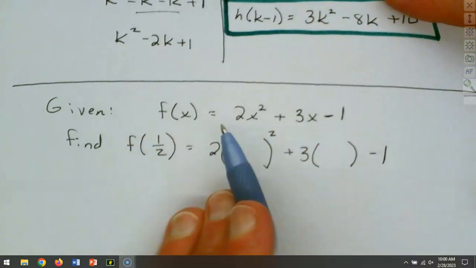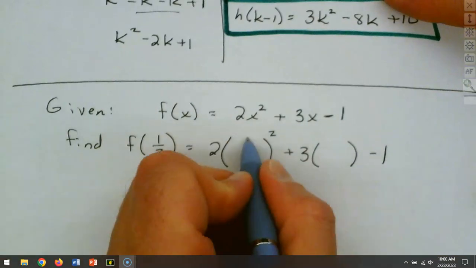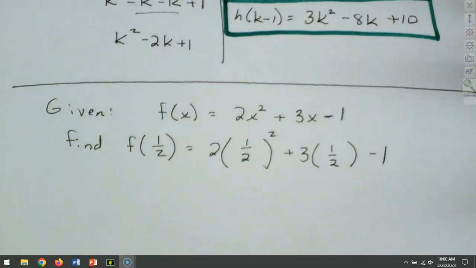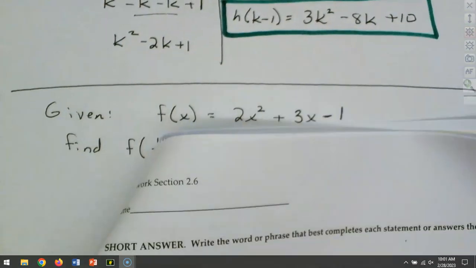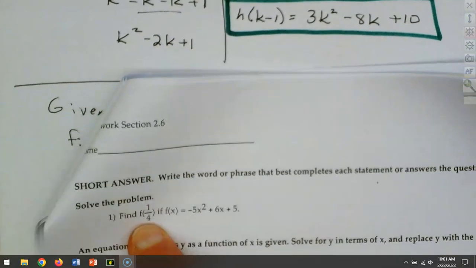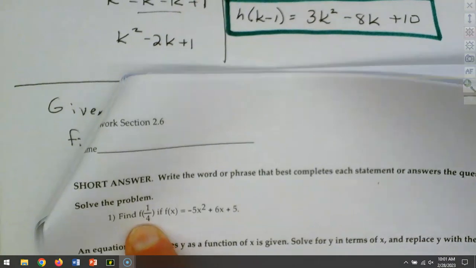So I'm going to plug in a 1/2 for the x there. Now, on question 1 from your homework, it's a little bit different, but not much. Because in question 1, you plug in a 1/4 instead of a 1/2. So same, a little bit different.